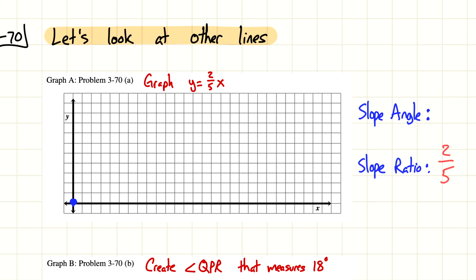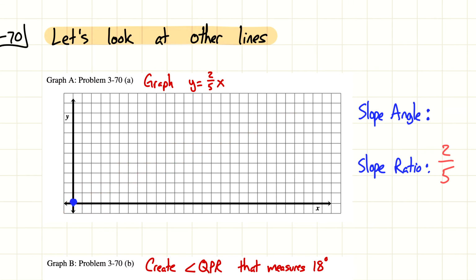So all I need to figure out is the slope angle on this one. So let's graph this. So if the rise and run is given to us, then we could just use it. So I'm going to go up 2 over 5, and then up 2 over 5, and then up 2 over 5. And you repeat that process, and you should have a line that goes through.